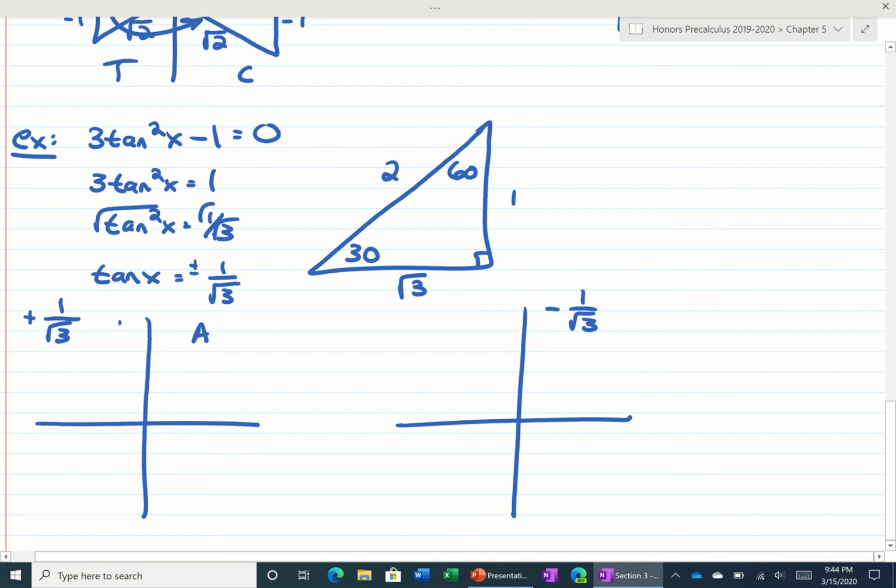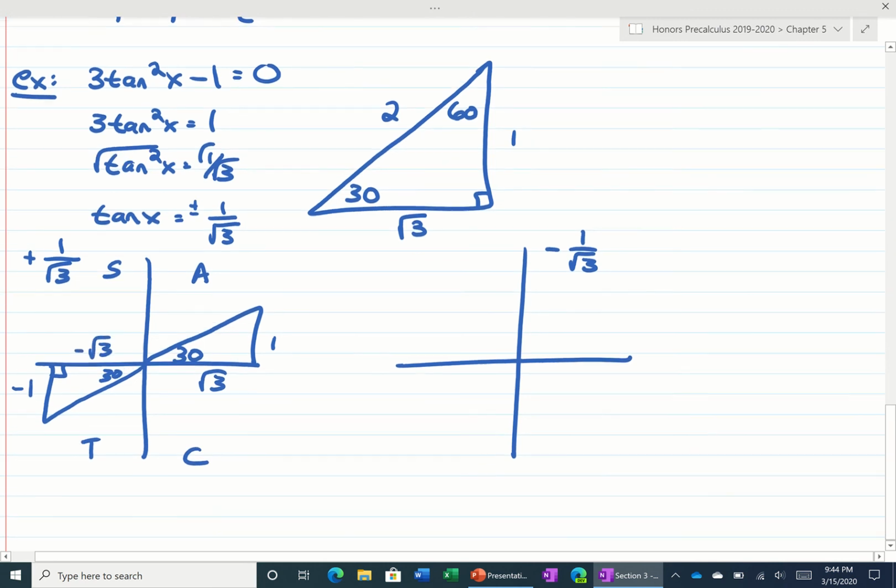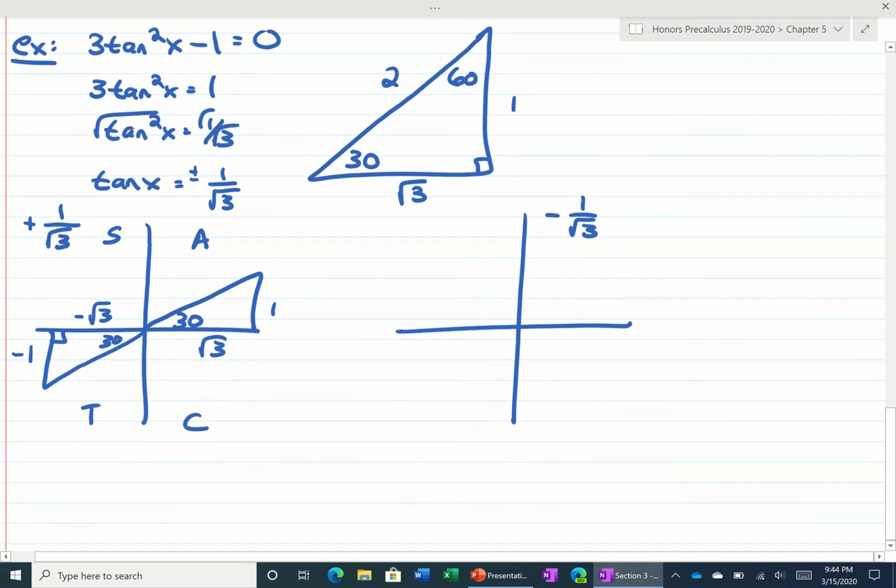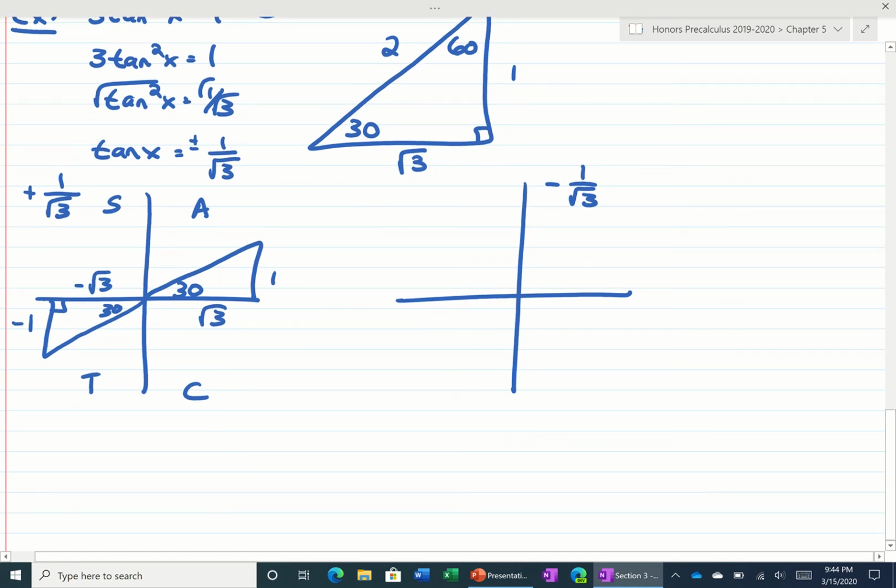So as far as the positive angles, we would draw 30 degrees where tangent is positive. So the answers for when is tangent positive 1 over root 3 would be 30 degrees, and this angle would be 180 plus 30, or 210.